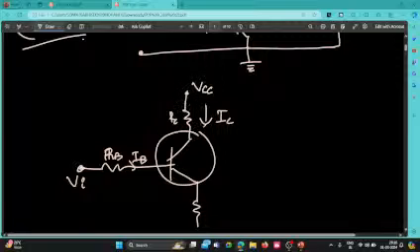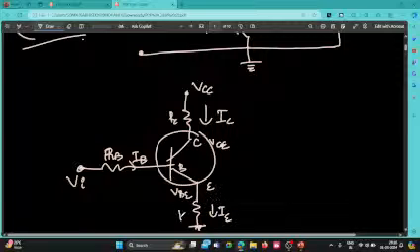This is your VCC. This is your collector. This is your base. This is your emitter. This is your VBE here, and this is your VCE here. Emitter current goes here, and this is your emitter resistance. So this IC is going here, this IB is going here, so they are mixing up to give IE. So IE is equal to IB plus IC.